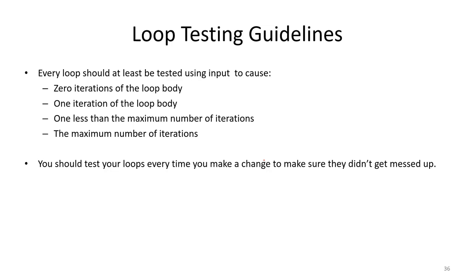You want to give your loop input so that you trigger 0 iterations of the loop, 1 iteration, 1 less than the maximum, and finally the maximum number of iterations. This makes sure that your loop runs under the full range of test conditions.